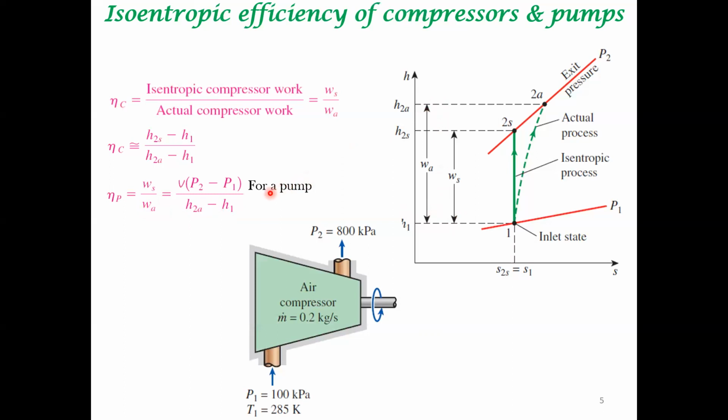However, to obtain the isentropic compressor work, we have a simple expression which we saw in the last lecture: specific volume times the difference in pressure, because the specific volume does not change. The integral can be computed in the following manner.